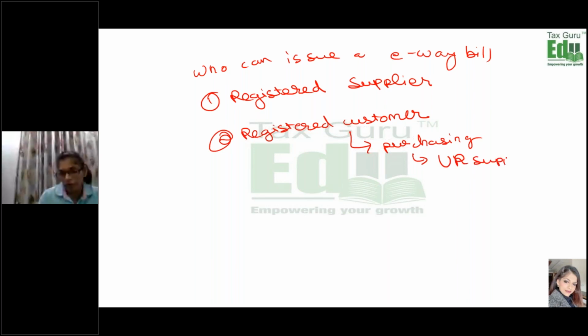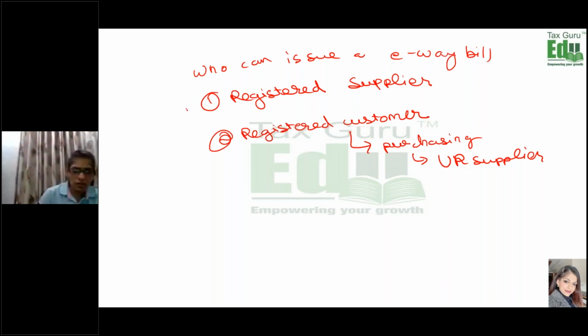Since my supplier is unregistered and does not have a GST portal or an e-way bill registration, but my goods have a value above 1 lakh and it's an intrastate transaction, I as a registered customer am liable to issue the e-way bill. So I as a purchaser will raise the e-way bill then.